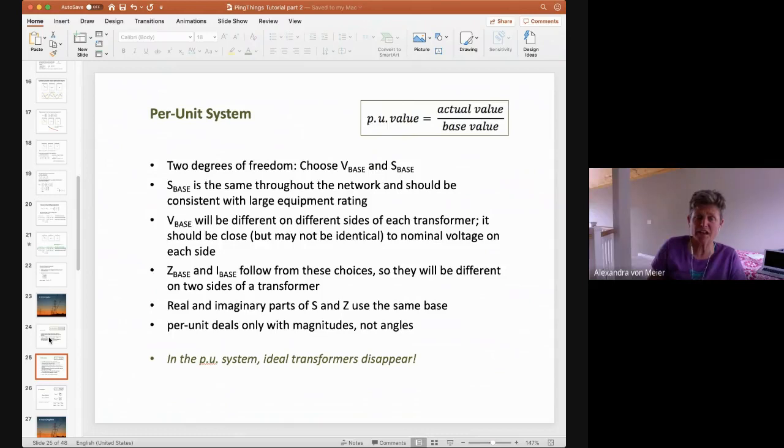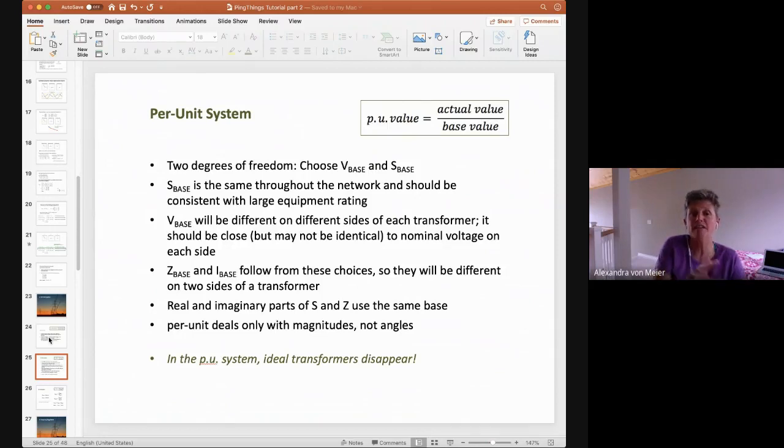And it's going to be the same for real and reactive power. And that base value for power is going to be the same throughout your analysis, throughout your system, because it stands to reason that anything that's connected together should not be orders of magnitude different in power capacity. So you then will have a different base voltage on different sides of each transformer.